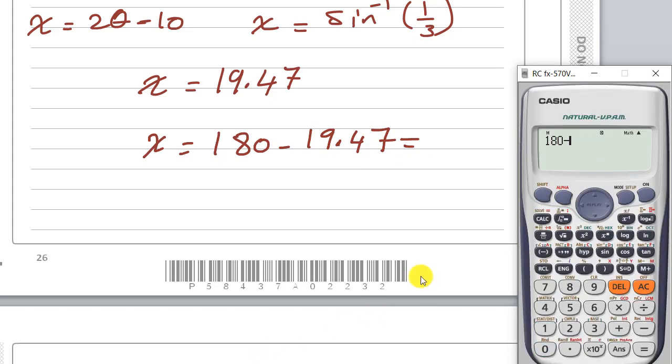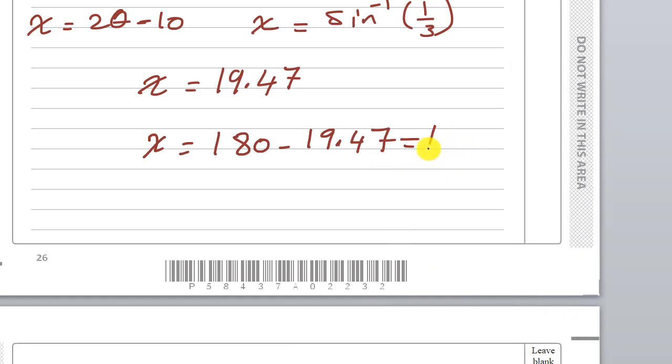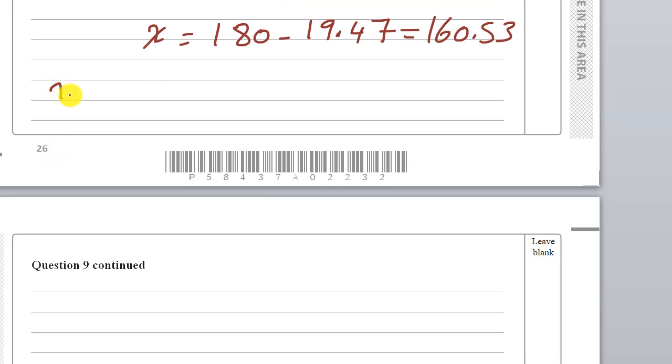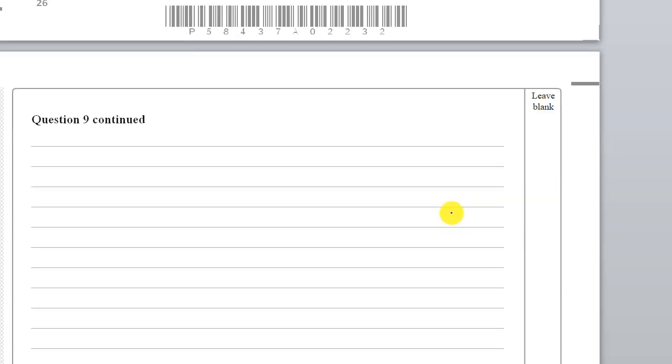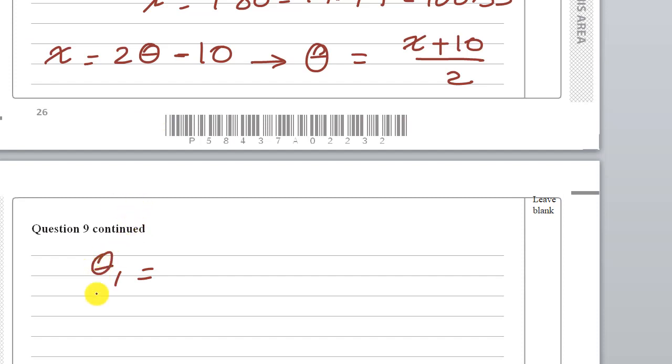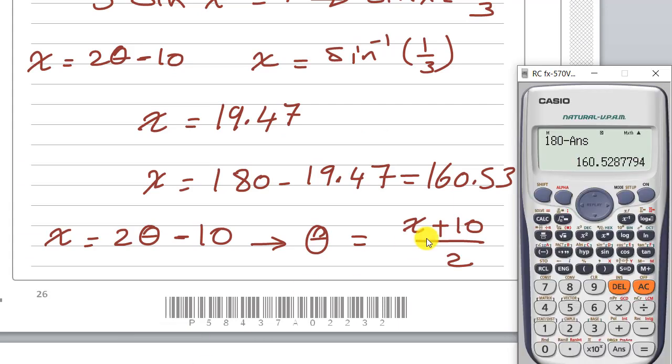So 180 minus answer, 160.53. So now x is equal to 2 theta minus 10. So theta is equal to x plus 10 divided by 2. So theta 1 is equal to, and theta 2 is equal to, let us start to find theta 1 and theta 2. The answer plus 10 divided by 2.